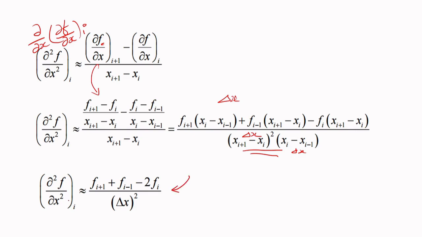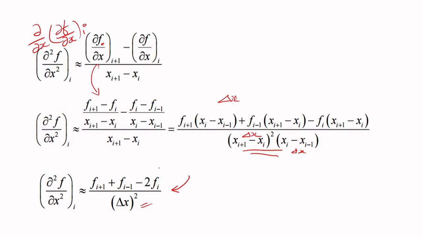So dou square f by dou x square is f of I plus 1 plus f of I minus 1 minus 2 f of I, divided by delta x the whole square. Again, this delta x is a numerical value, actually the distance between two nodes.